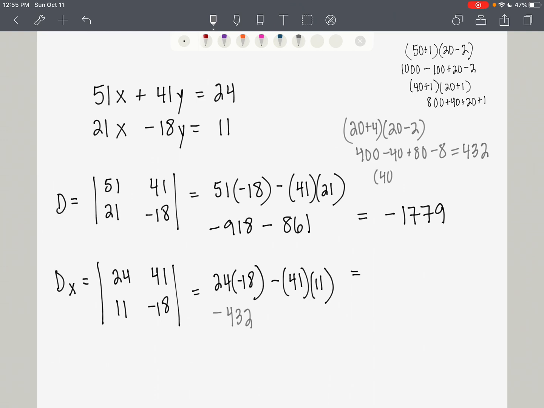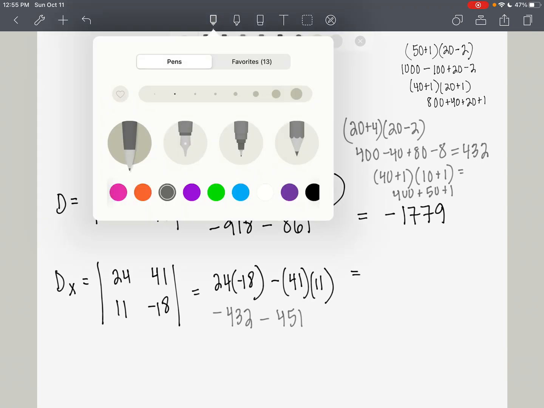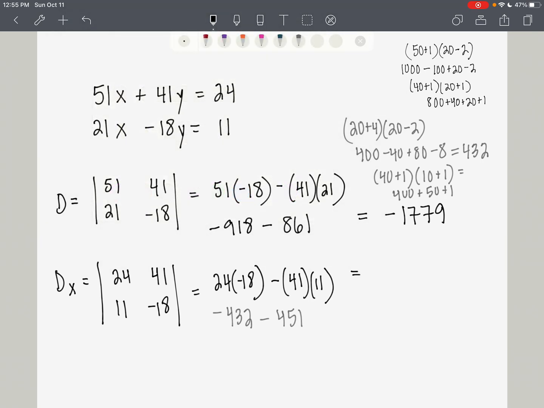Then I'm going to have 41 times 11. So that's going to be 400, 40 plus 10 is 50 plus 1. So that's minus 451. And that is going to be negative 883.